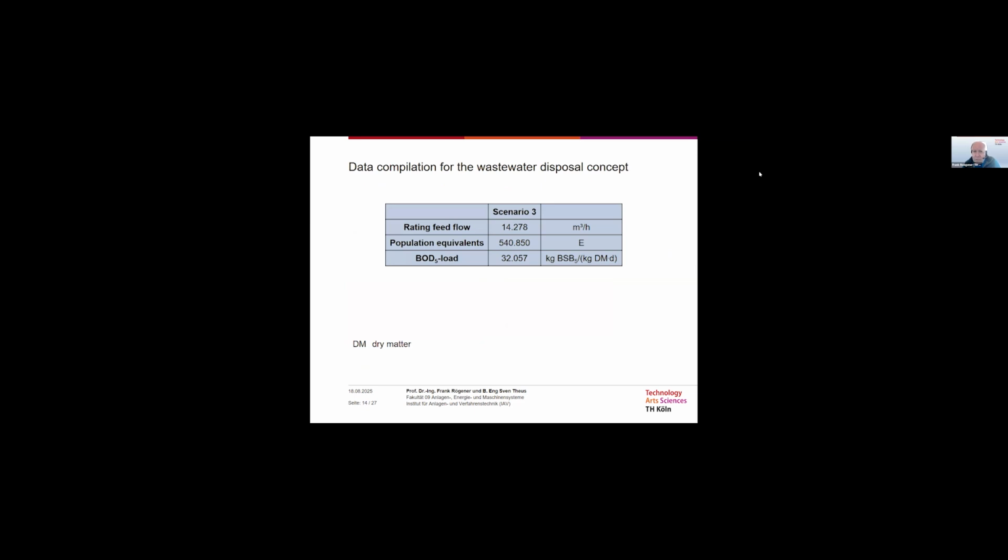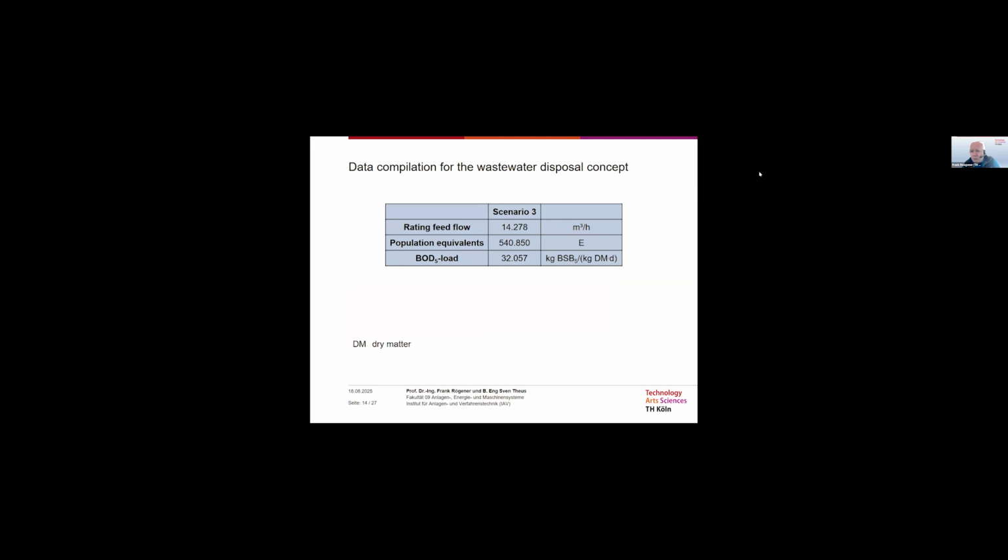Then we came to the respective data of the required fluxes. The rating feed flow is about 14,000 cubic meters per hour.